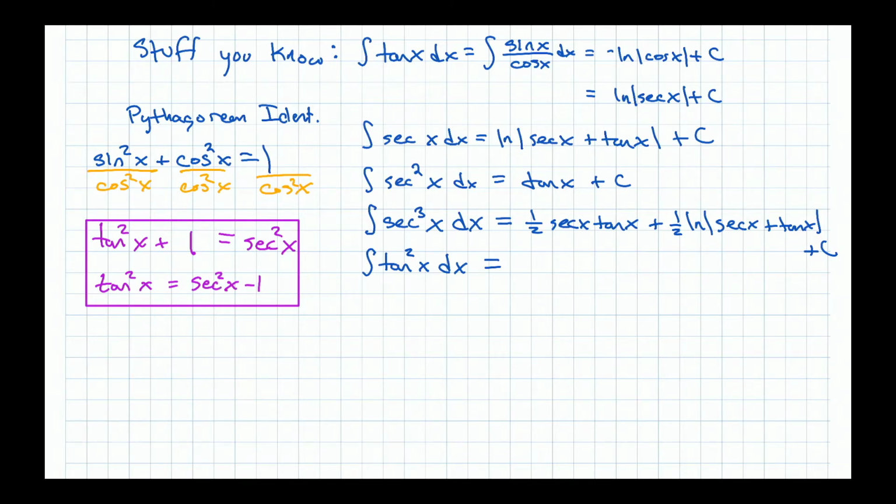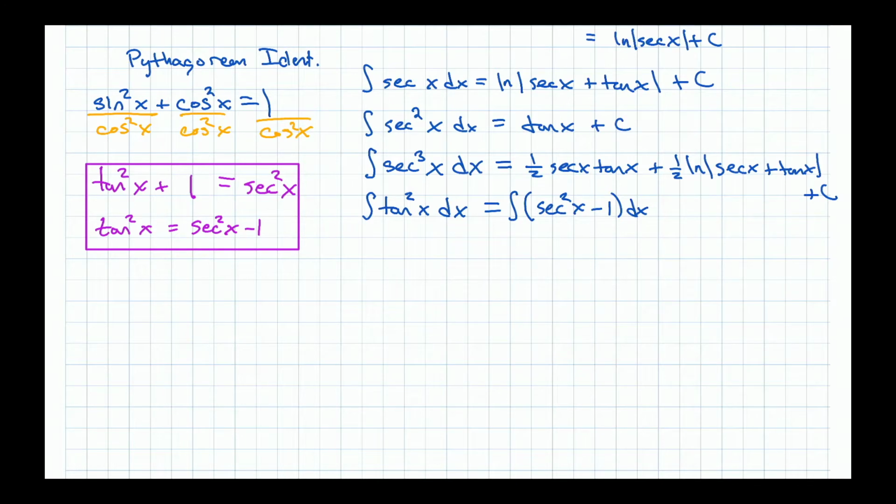So if you come over here to the antiderivative of tangent squared, you'll realize you can just rewrite that as the antiderivative of secant squared x minus 1. Then you can integrate each of these separately, because you know the antiderivative of secant squared is tangent x, and the antiderivative of negative 1 is negative x.